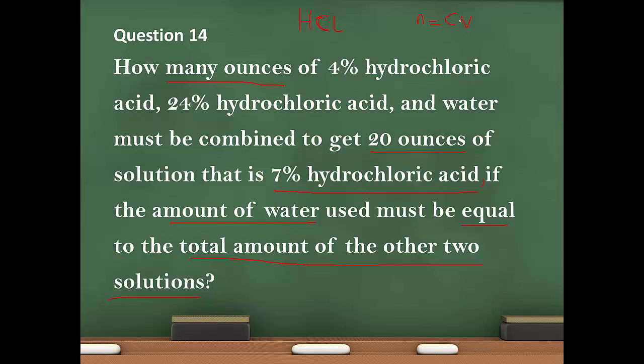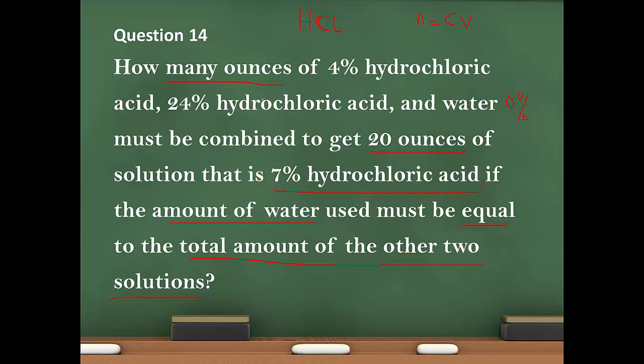So if you multiply the concentration times the volume, 4% times the volume is 4x, plus 24% times the volume y, 24y, plus 0% times Z, because water is 0% HCl.